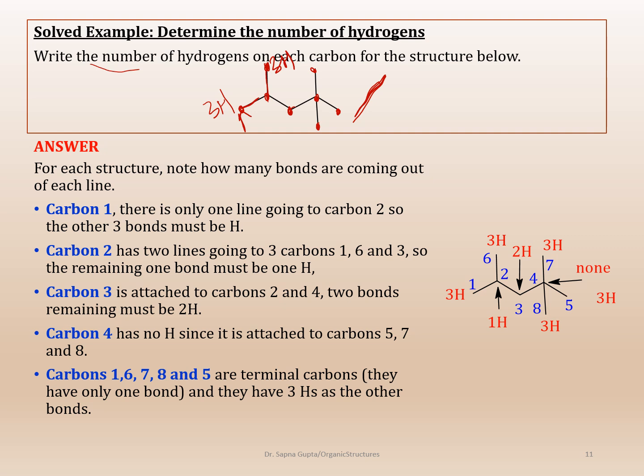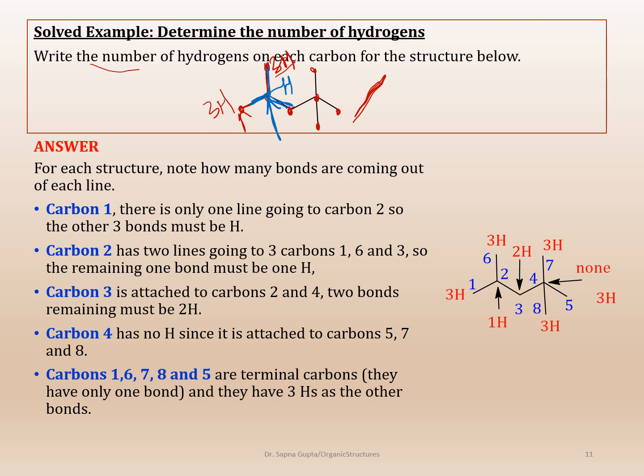Carbon is supposed to have 4 bonds. So if one of them is attached to a carbon, the other ones should be hydrogen. Now for the middle one here, this carbon is attached to 1, 2, 3 carbons, which means only 1 bond is remaining, and that must be hydrogen then. That's how you go through things.